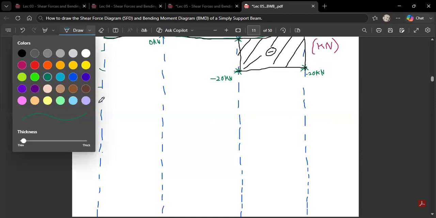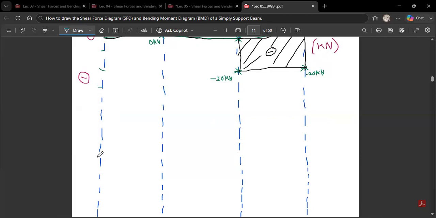So this is the line we are using. So we are taking this line. And then over here too, now we can say that this is going to be our bending moment diagram.